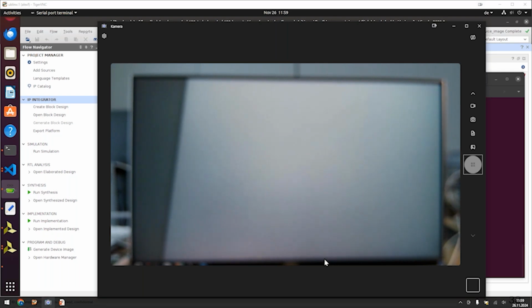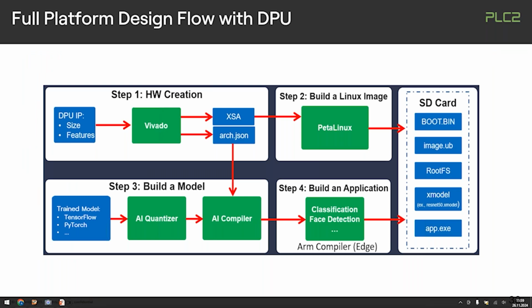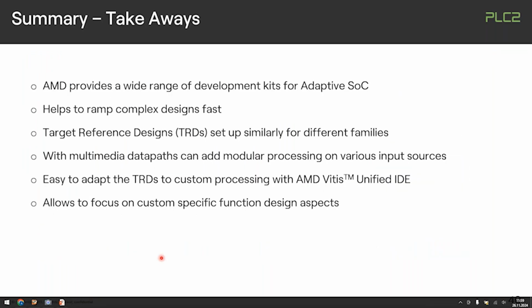So that's the story behind the whole thing. Checking out this repository, building the complete level, and you have ready-made applications that help you with the particular effort you want to do. And then you can decide to just iterate over the overlays, and that would finally give you the results, hopefully, that you're trying to achieve. So what did we try to push today? It is all about this same way of using this development kit so that you have these target reference designs.